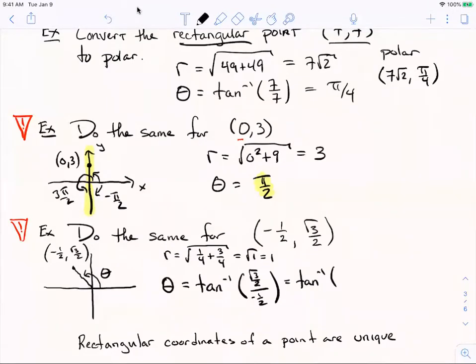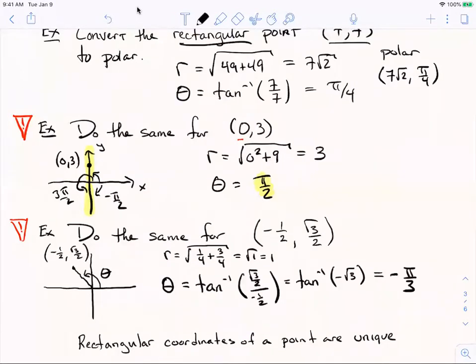You can type it in like that into your calculator, or if you like, you can simplify this. It's the inverse tangent of minus root 3. You can pause this video and get your calculator out, make sure it's in radian mode. But when you do it, your calculator is going to tell you that the inverse tangent of minus root 3 is minus pi over 3.